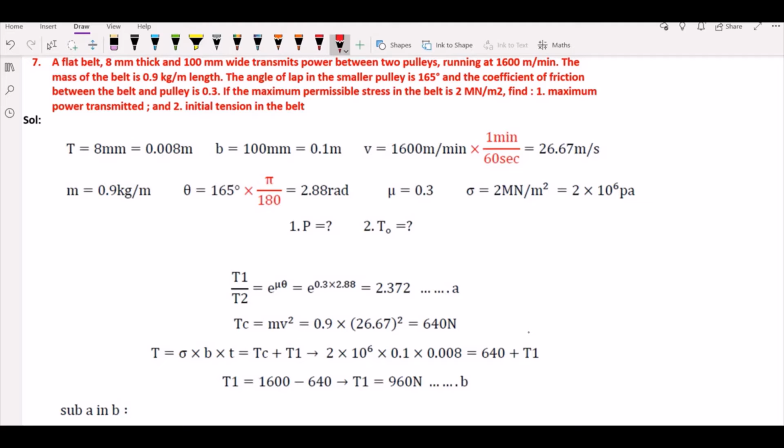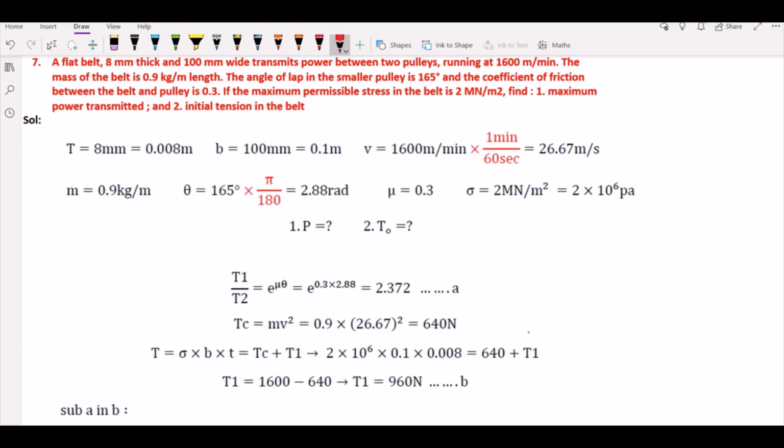First, coming to the data, t is equal to 8 mm, which is the thickness given. Convert everything from mm into meters, and the width is given as 100 mm, convert into meters, and V is 1600 meter per minute, convert this into meters per second, so 26.67. The mass of the belt is given, that is 0.9 kg, and theta, the angle of wrap, is given directly.